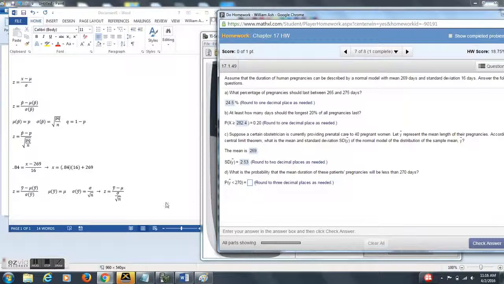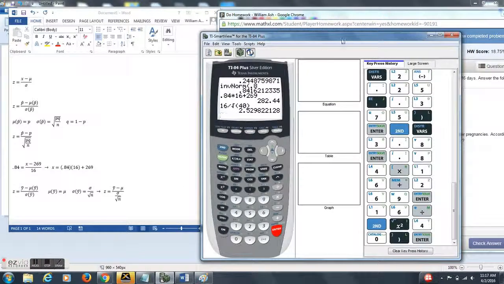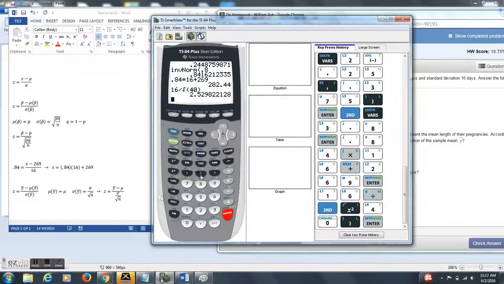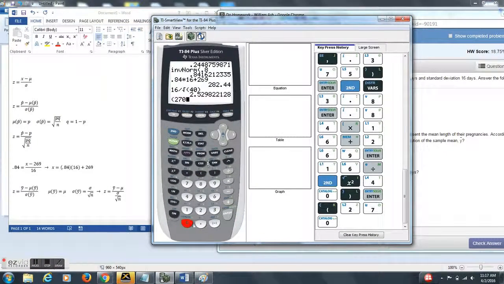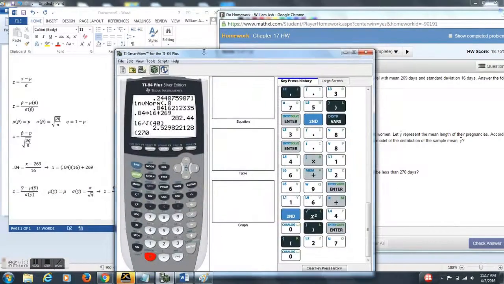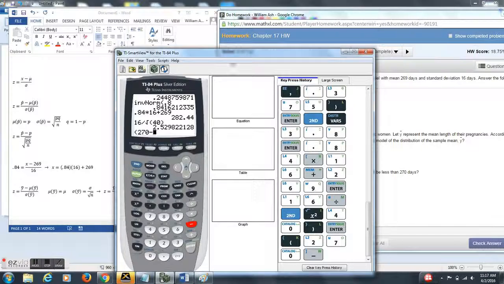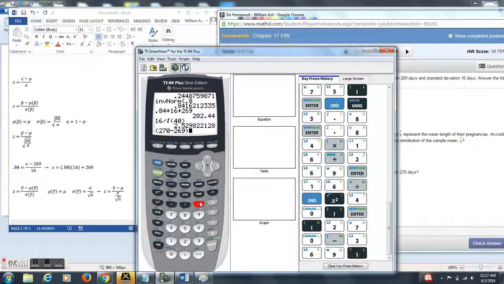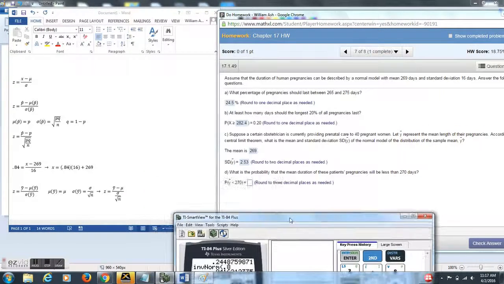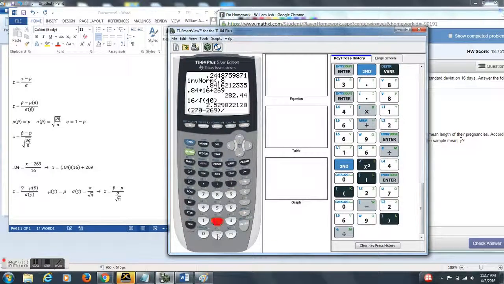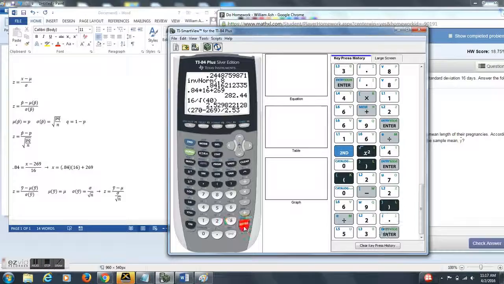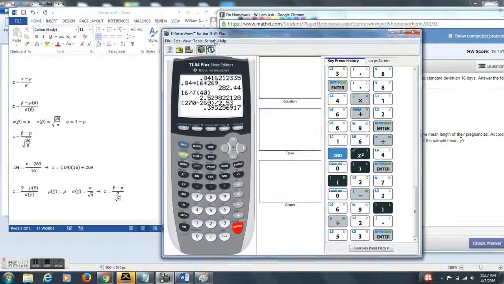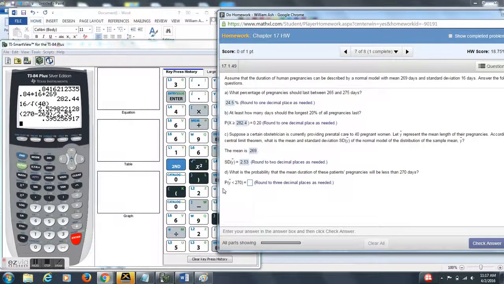Same deal, just plug everything in like before, using this mean and this standard deviation, and I want less than 270. First we'll turn it into a z-score. They said 270, minus the mean, which is 269, divided by our standard deviation we just found, 2.53. That gave me a z-score of 0.39, and I want less than 270.